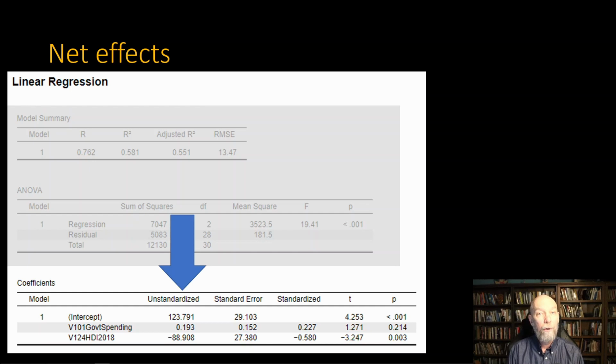Whereas for Human Development Index, as you have a 1 unit change up, always up when you say the sentence, as HDI goes up 1 unit, the value on percent of the population that says prostitution is never justifiable will go down by 88 percentage points.